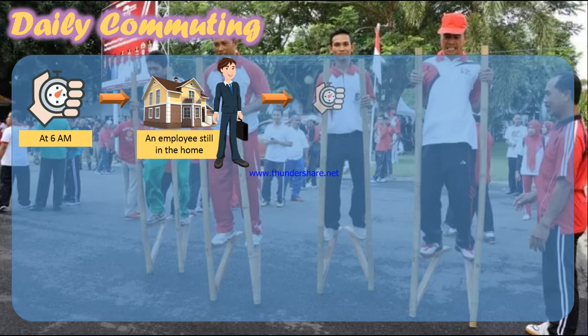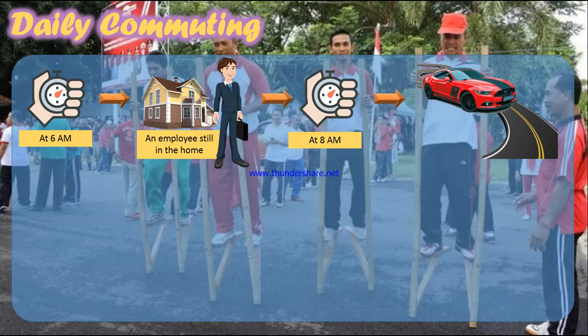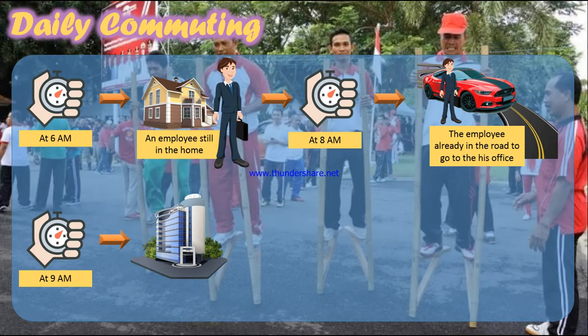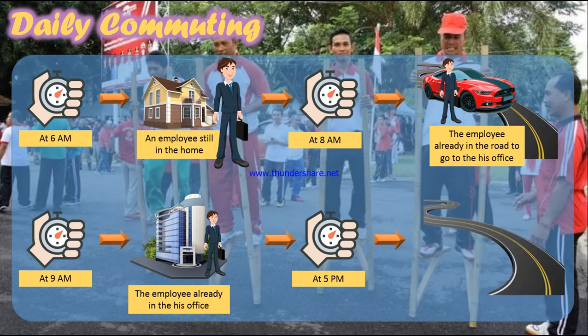And then at 8 p.m., the employee already in the road to go to his office. At 9 a.m., the employee already in his office. And the last, at 4 p.m. or 5 p.m., the employee back to the route again to go to his house.